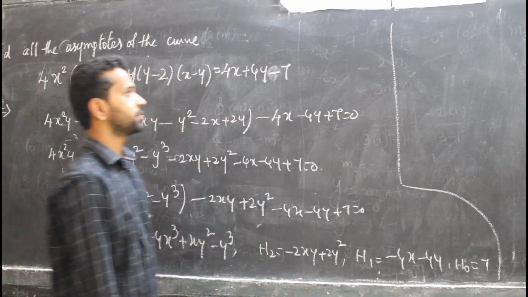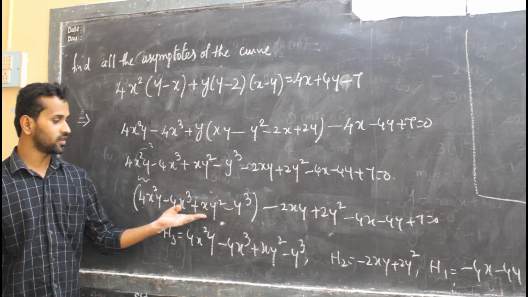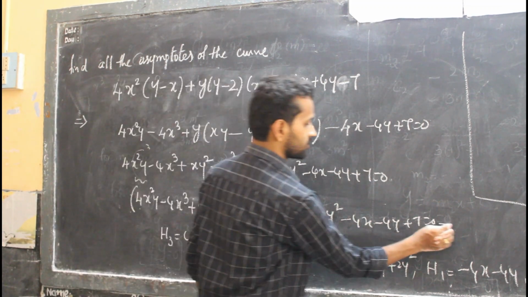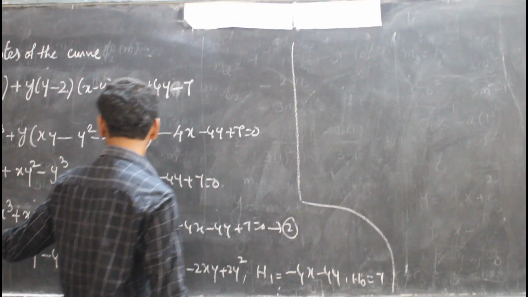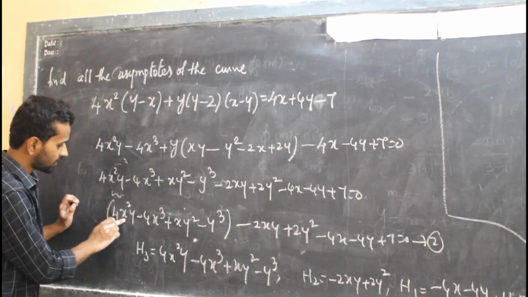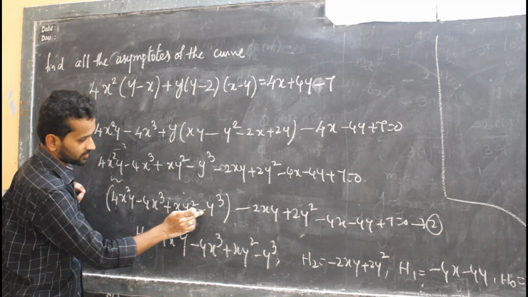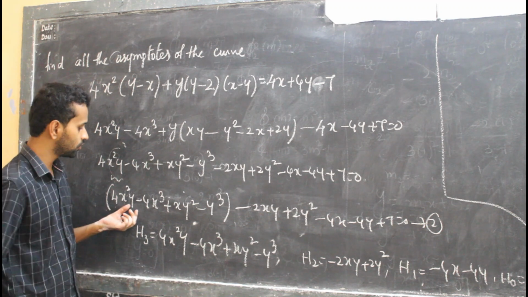What is my next step? I need to replace wherever x comes equal to 1 and y comes as m in the equation number 2 that I considered here. So now this equation becomes, look at it, I have here 4x square y minus 4x cube plus x y square minus y cube, right? In this case wherever x is there I replace it with 1 and y equal to m.